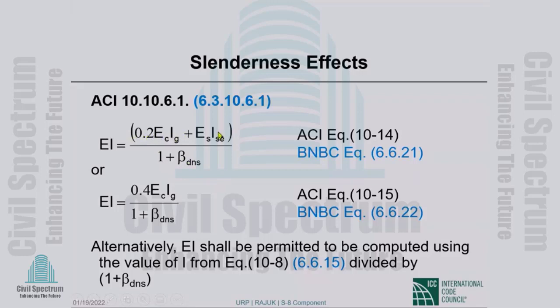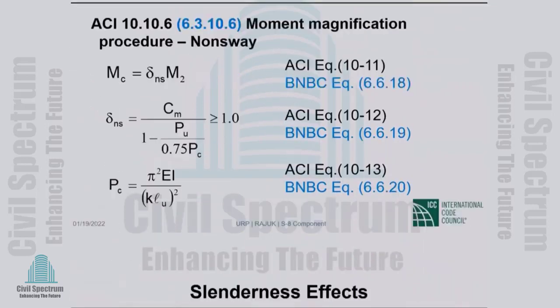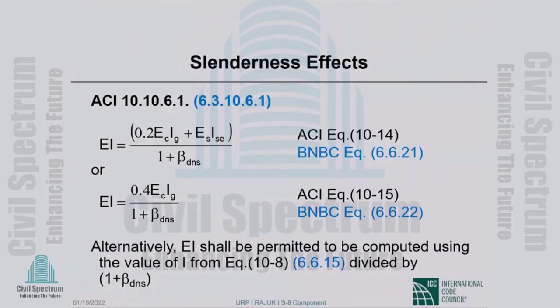You will be better off using this, or you can use that when there is no reinforcement contribution. It's only 0.4 E sub C I sub G, and then the long-term sustained load effect. Alternatively, you can use the complicated formulas that I skipped, divided by 1 plus beta sub ds. Anyway, the point is that the EI that you will use in calculating the Euler buckling load, the critical load, is given here, and there are two alternatives.